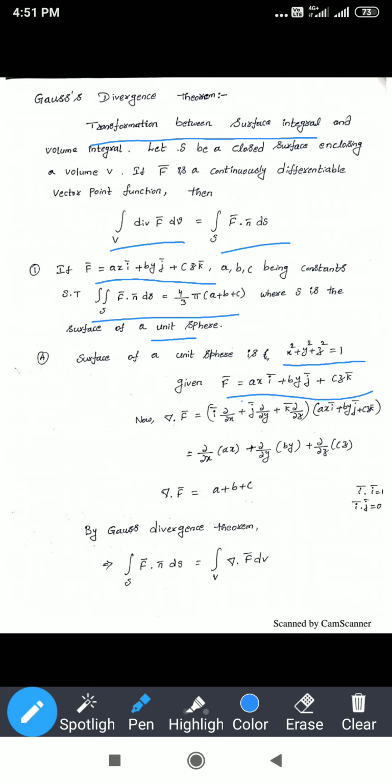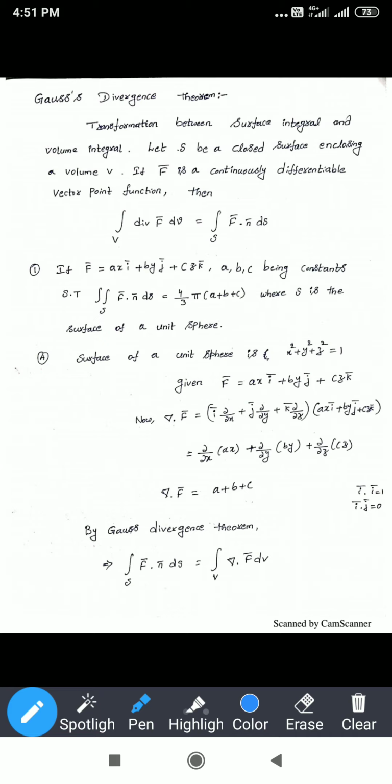Now applying the del on that vector, we get del dot f bar. Why are we using the dot product here? See the formula: div f bar means del dot f bar, so we are applying the del on the given vector f bar.